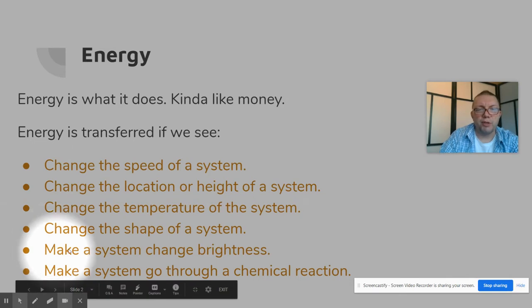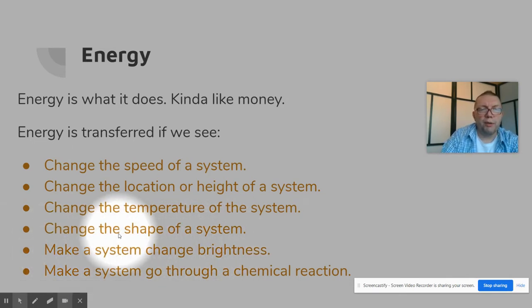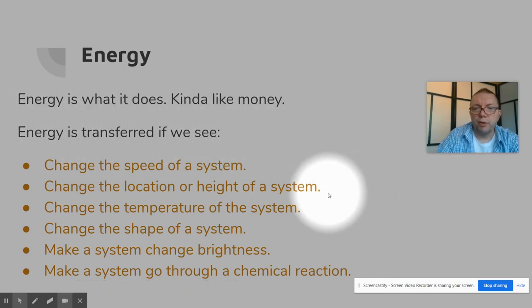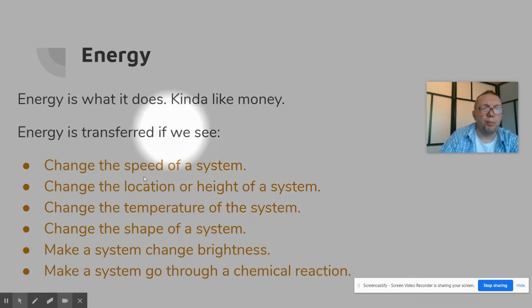If something gets more or less bright, there must be energy transferred. If a chemical reaction happens, then we usually see some combination of these things. Energy must have been transferred. So those are all signs that there's a transfer of energy present.